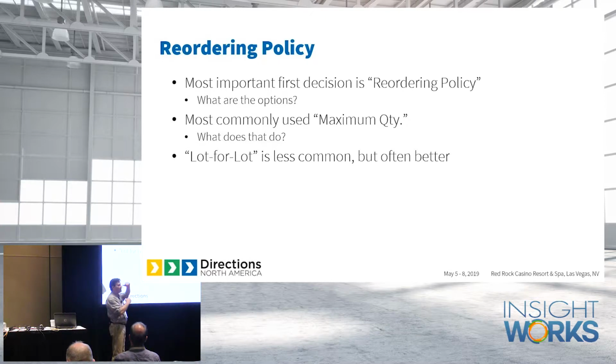Maximum always tries to drive me up to my maximum quantity. So when I need to reorder, let's say my min is 10, my max is 50, I get to 10, it's telling me to order 40 more. Lot for lot is going to say, I want you to be at 0 all the time unless you have demand. And so it's always going to try and pull me down to 0, or the lowest quantity that I'm supposed to be stocking. Okay? So something to keep in mind.